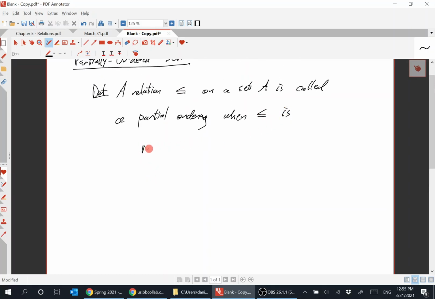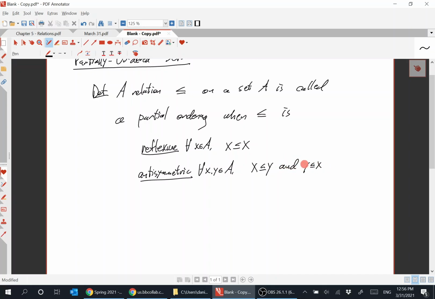This on a set A is called a partial ordering when it is reflexive. So again, you have reflexivity. For every x in A, x is less than or equal to x. Antisymmetric: for every x and y in A, x less than or equal to y and y less than or equal to x implies x equals y.